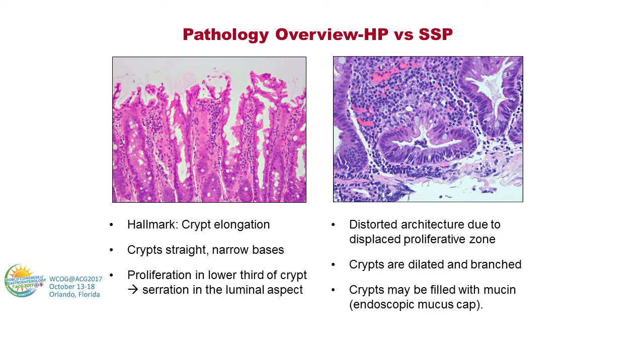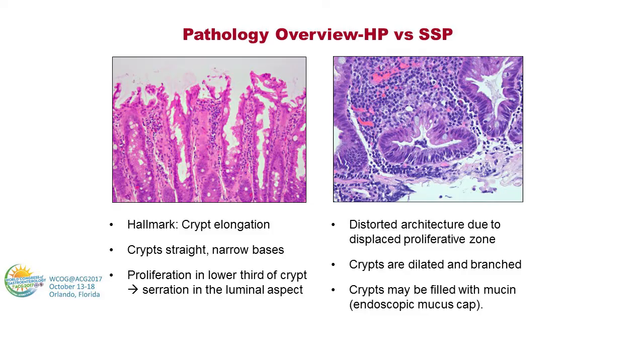So the crypt grows laterally in different directions instead of going cephalad towards the lumen. The crypts are dilated and branched, and they may be filled with mucin because there are usually goblet cells within these crypts. You see the endoscopic correlate of that as the mucus cap, which is often a clue that there's an SSP when you're doing these exams.